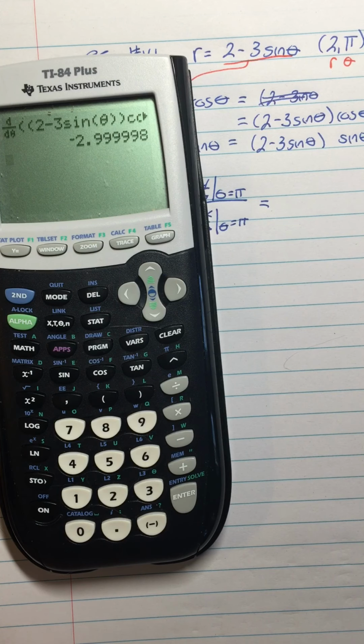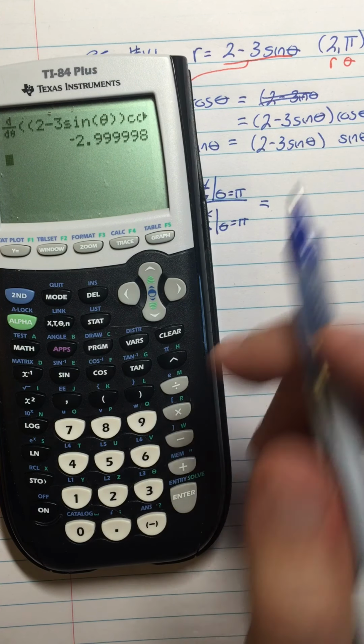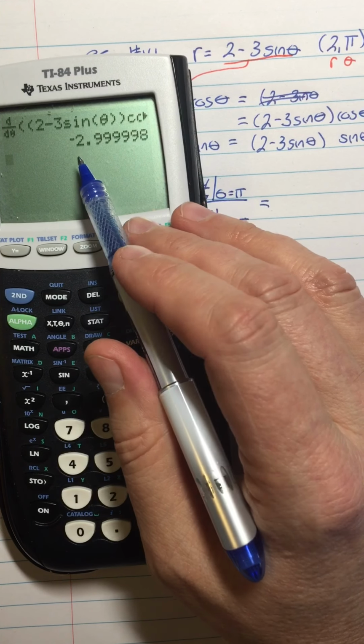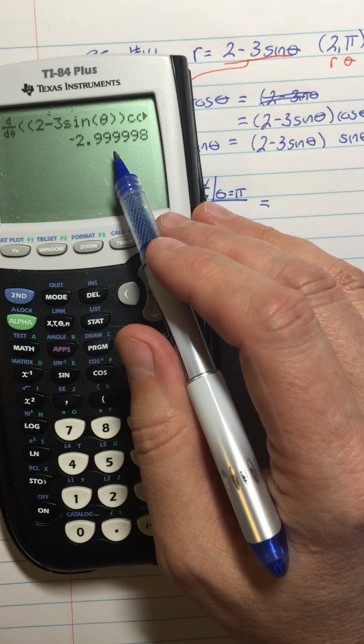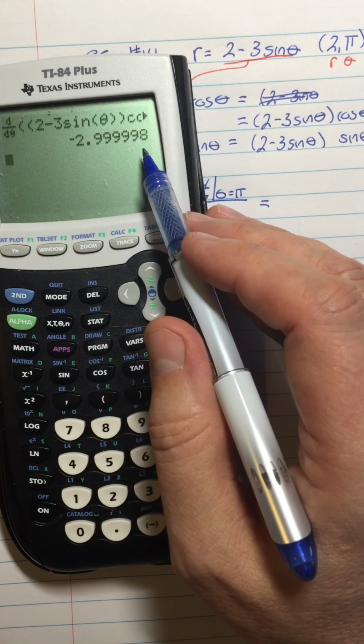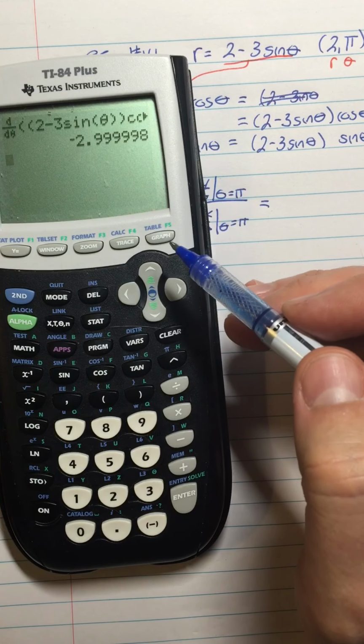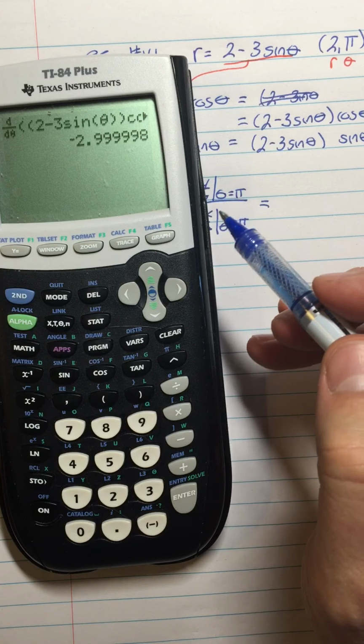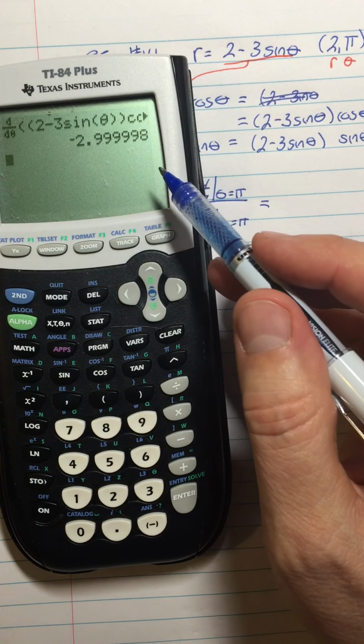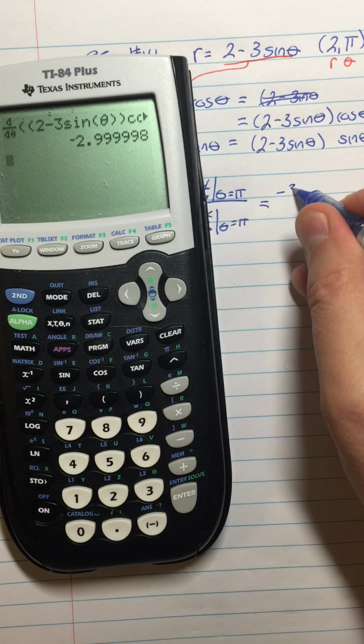That's weird. Okay, but anyway, this is not really negative 2.999998. Your calculator has made some kind of approximation, and this number is really clearly negative 3.